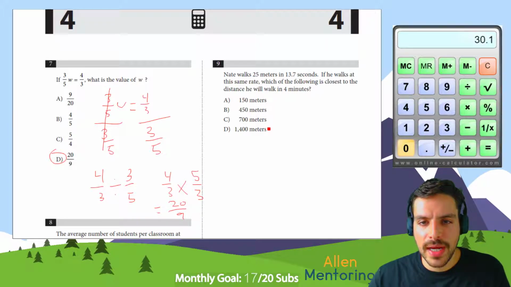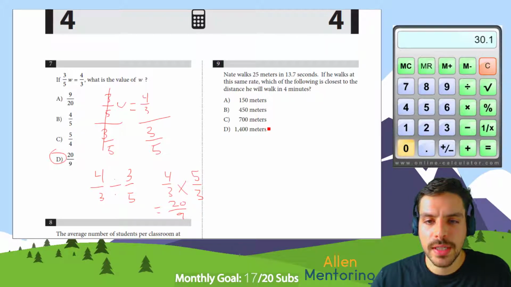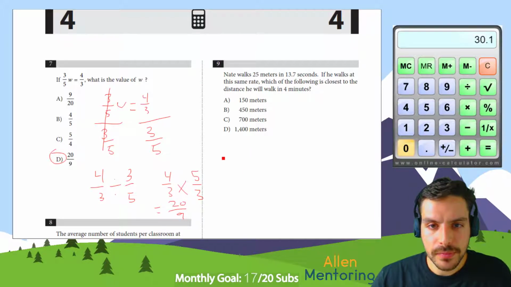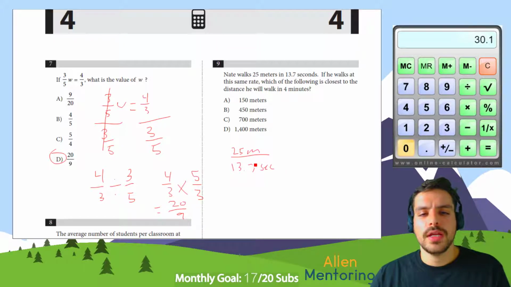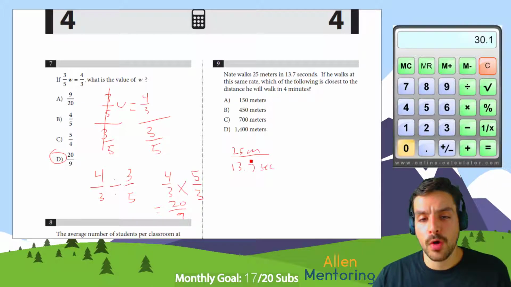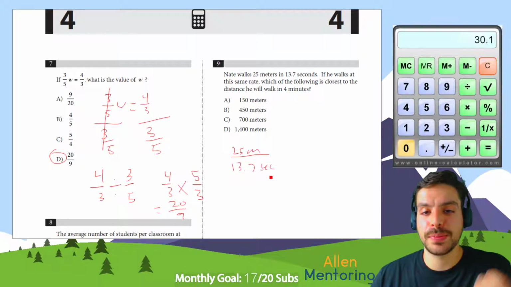Well, we could set up a simple rate multiplication here. So we know that he walks 25 meters in 13.7 seconds. I'm writing this as a rate or a speed, in meters per second.